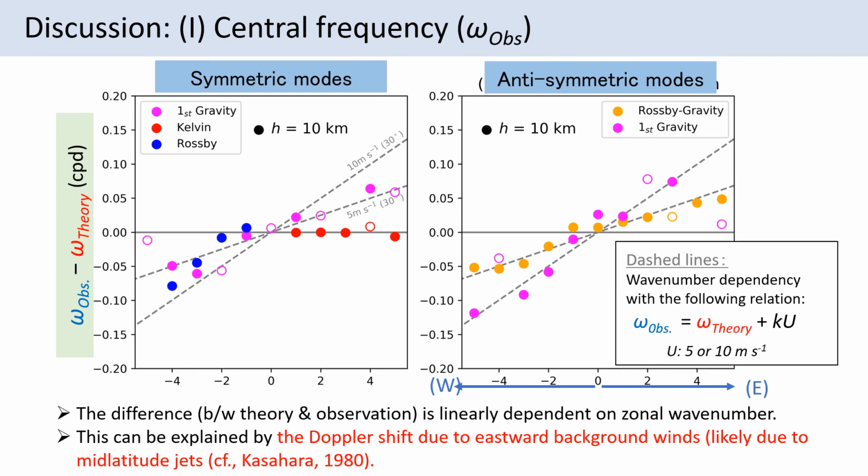Actually, these two dashed lines indicate the wave number dependency with the following relation. Here we assume the wind is 5 meters per second or 10 meters per second at the mid-latitudes.